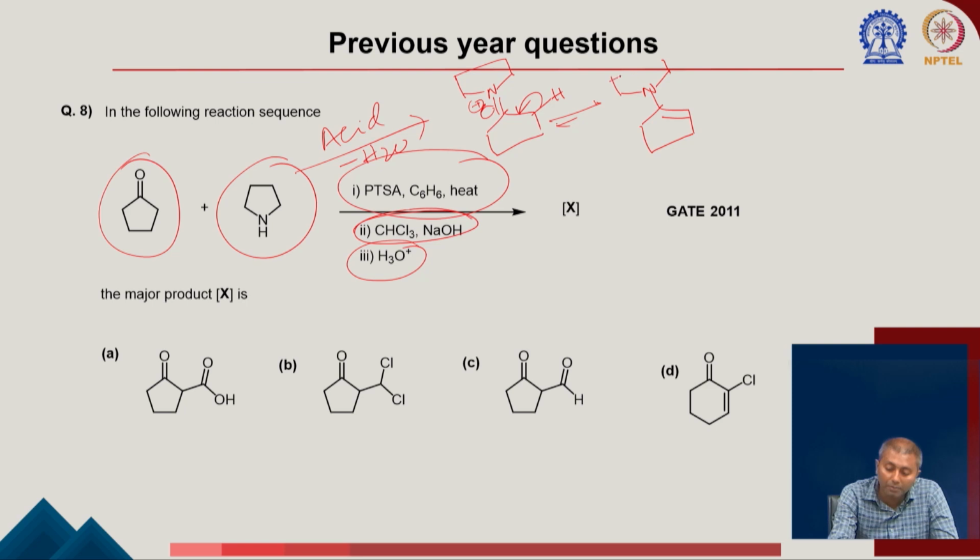So now once it forms the corresponding enamine, as you have seen in the case of indoles, once you have this CCl2 carbene, it can form the corresponding cyclopropane.